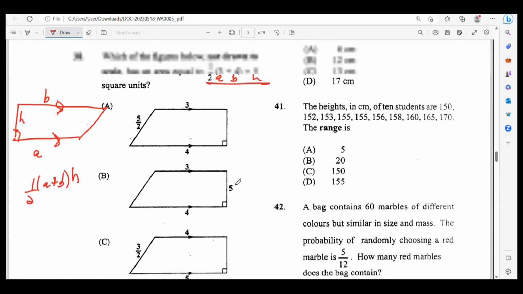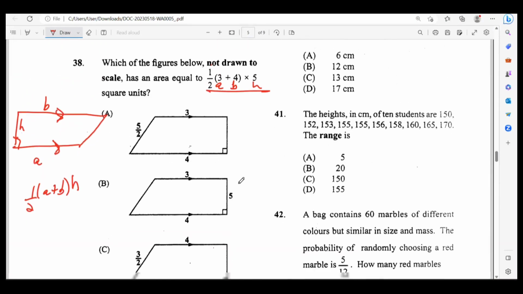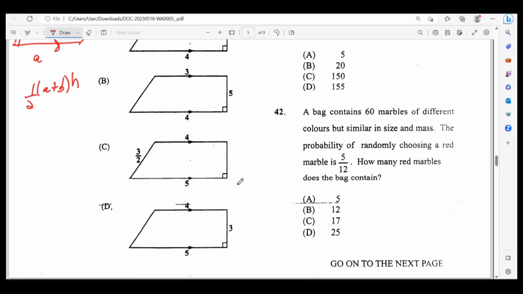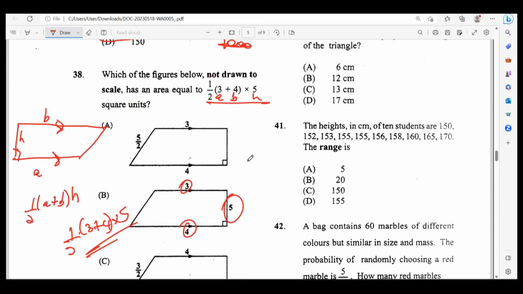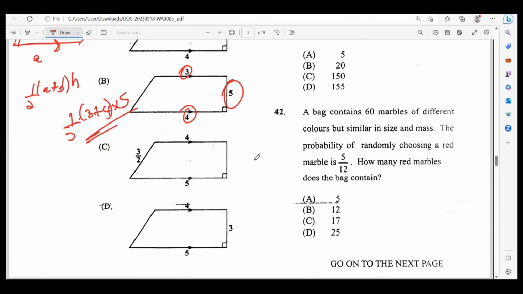All right, so you're looking for one of them with 5 at the end. 5 on that side, because this is the only one that matches here. That's the 5 parallel sides. So this is set up as half the 3 plus the 4, and then times the 5. And that's what they have up there. So you pick that one because that's the one that is representing the area of the trapezium. The answer is B.